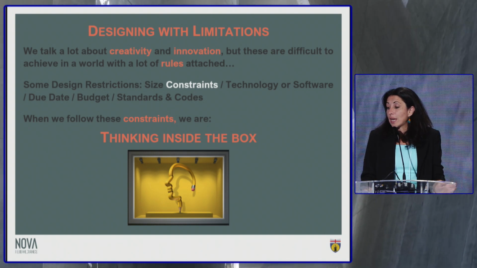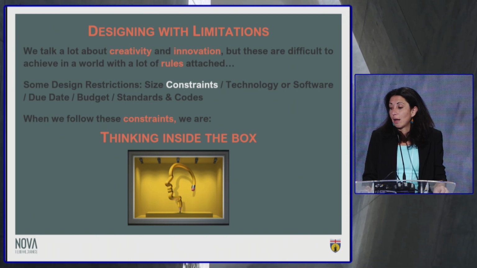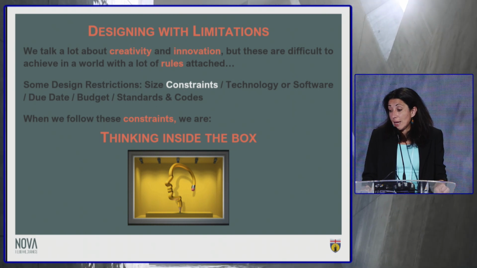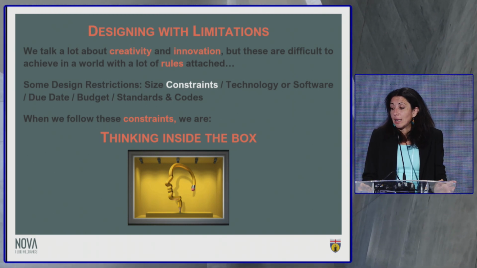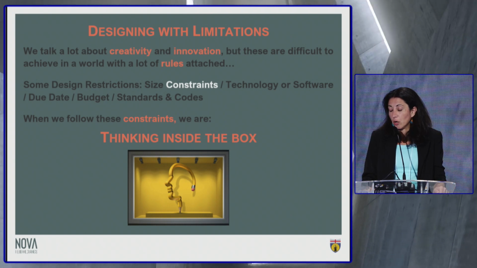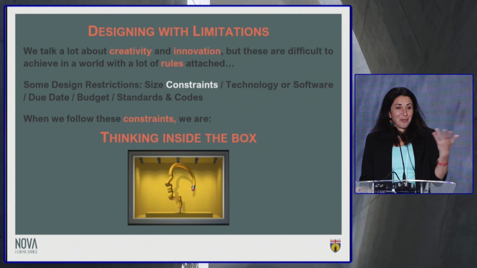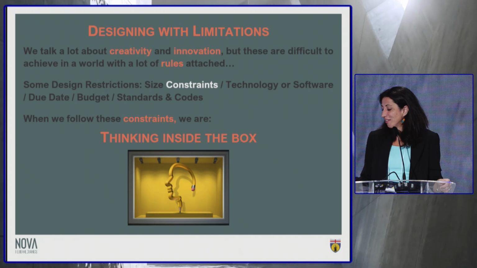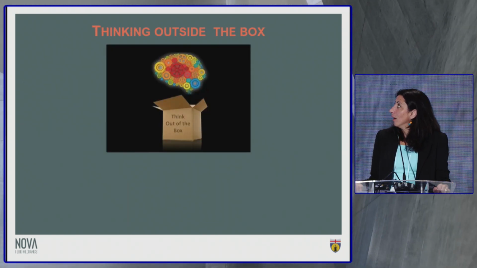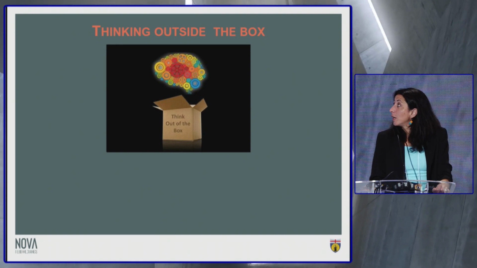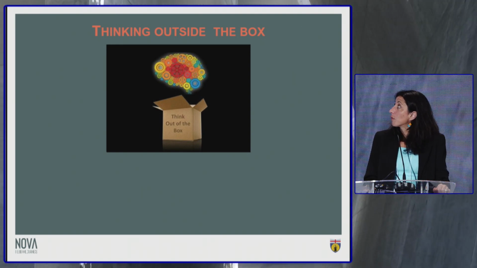But we have constraints, and in this case, the biggest constraint is certainly the code, because we need to follow the code as engineers. But it's also time. If we had a lot of time, we could design a better structure. So we don't want to think inside the box, we want to think outside the box.